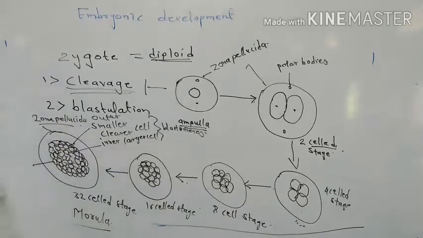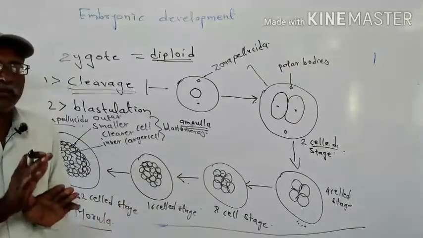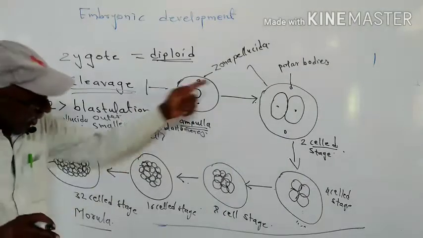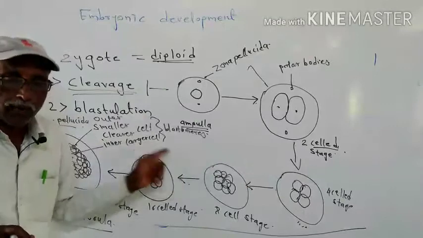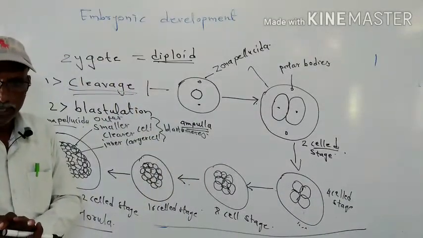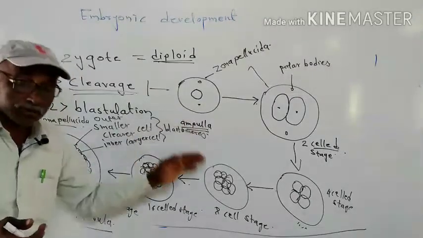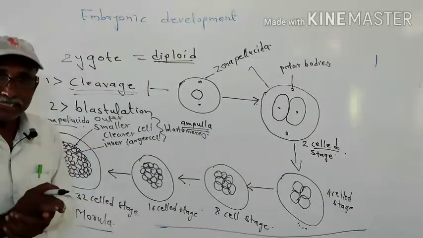One point you should note here, that the size of the embryo does not change. All these stages are completed in about 4 days. In 4 days, the size of the embryo does not change.